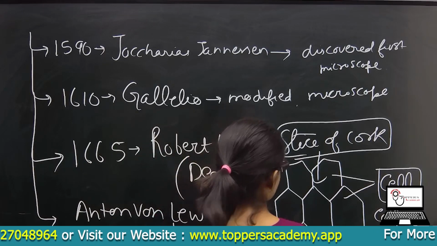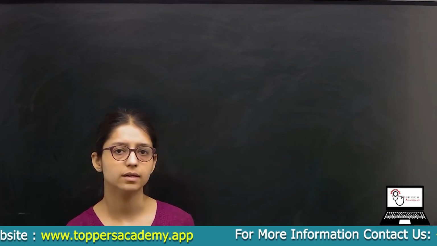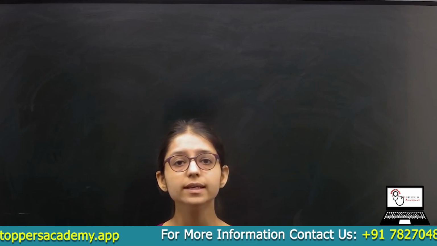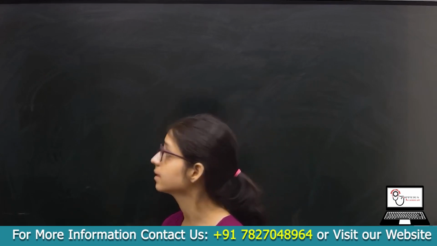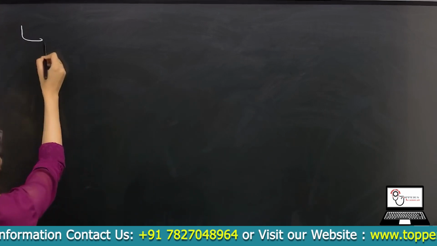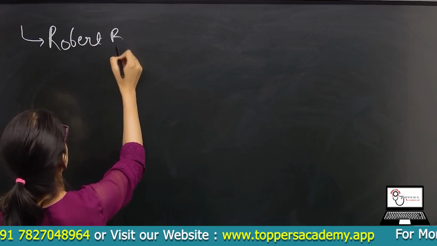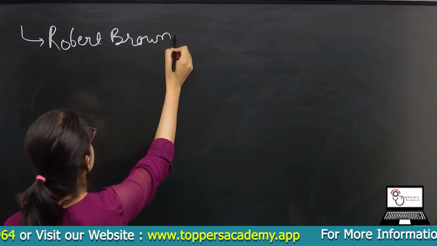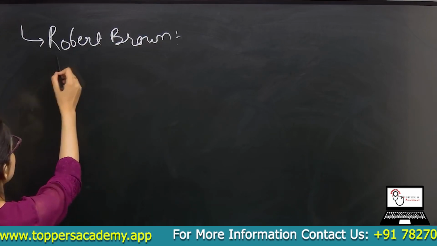Now another scientist said, you already discovered the cell, now I have to discover what is inside the cell, what the cell contains. So another scientist, Robert Brown, don't be confused with the name Robert Hooke. He discovered the dead cells, but there is another name, Robert Brown.